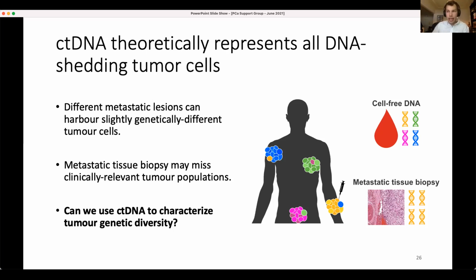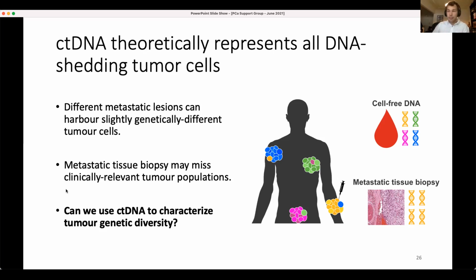So what this means is that in patients who provide a metastatic tissue biopsy, this tissue biopsy might miss tumor populations that are clinically relevant. Now, I mentioned earlier that in terms of informing clinical care, metastatic biopsies are not very common, but it's still a very common research tool to try and understand features of tumor biology that might eventually become clinically relevant.